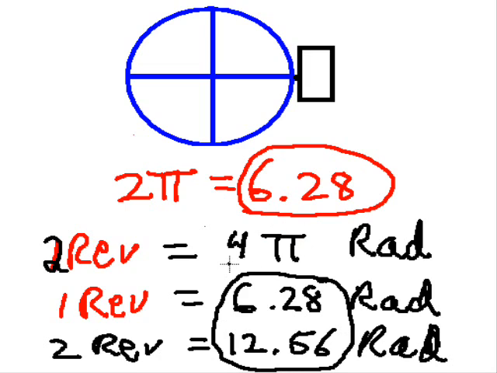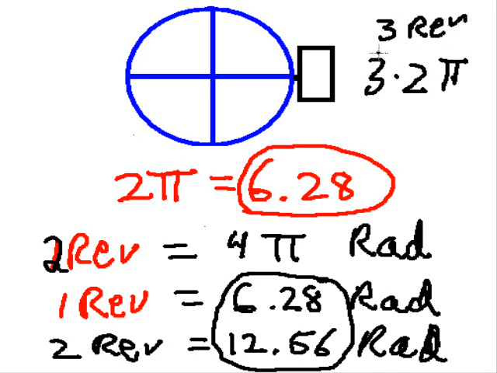How much are 3 revolutions? Well, 2 pi's each revolution. 3 times 2, that's 6 pi. I don't want to have to multiply 3 times 6.28. Yuck. 3 revolutions, 3 times 2 pi, that's 6 pi.